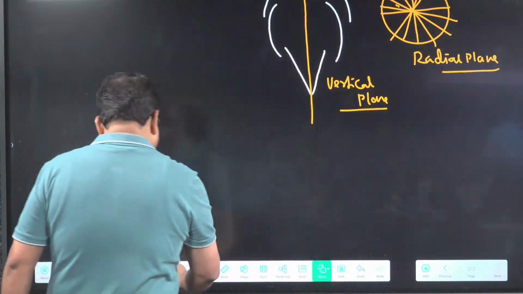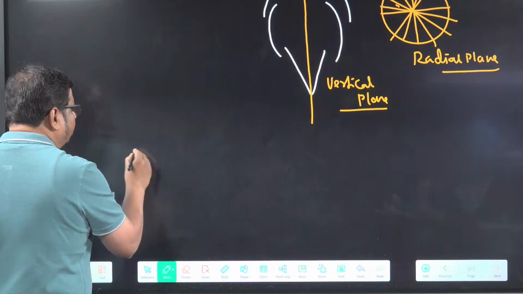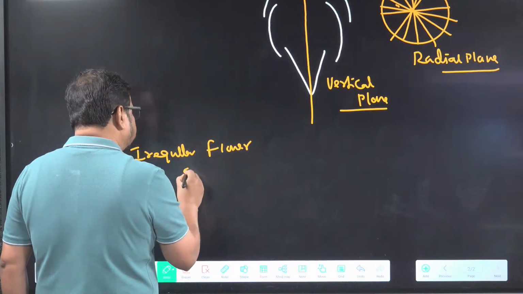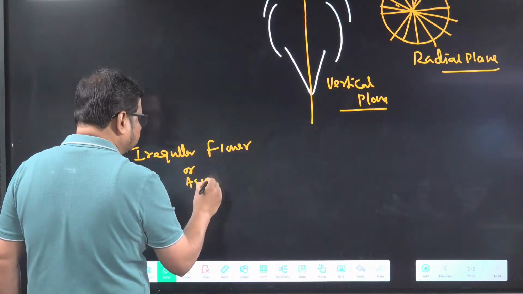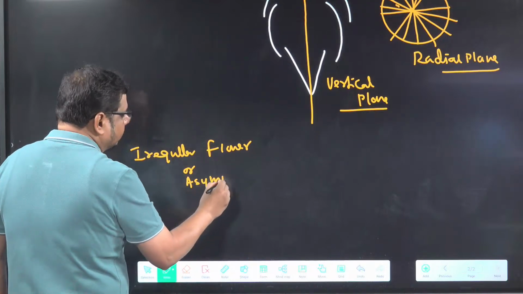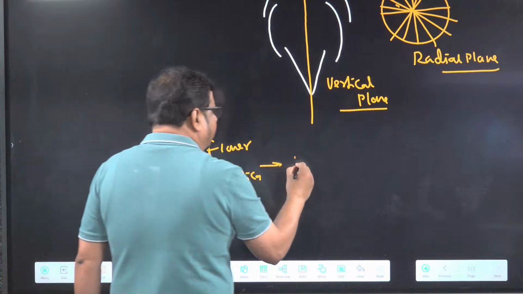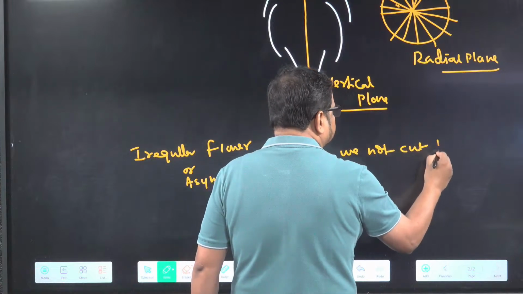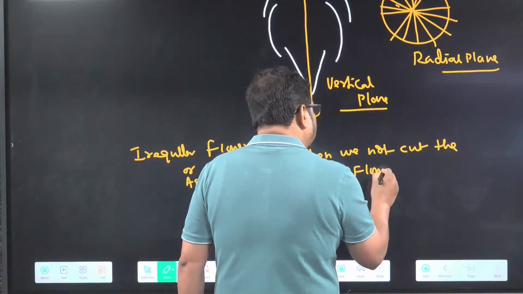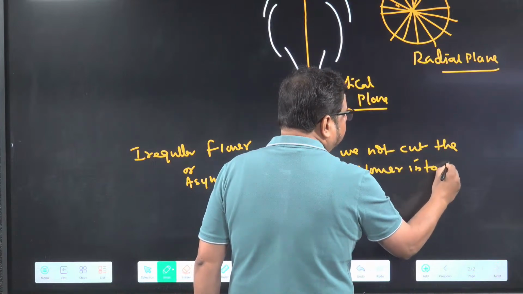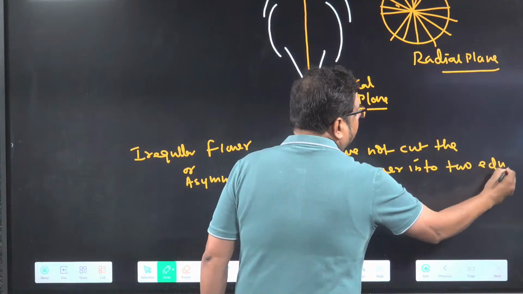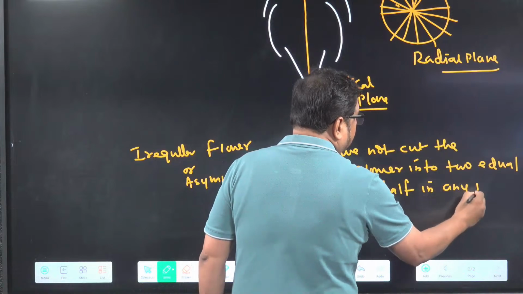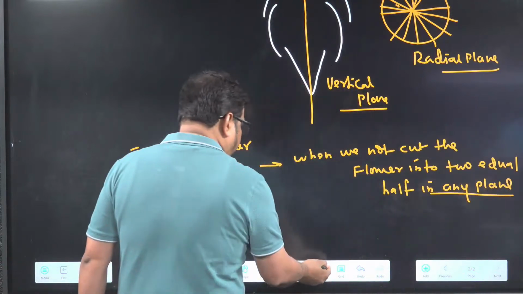Now I am going to tell you about which one? Asymmetrical flower, or irregular flower. When we cannot cut the flower into two equal halves in any plane, it is called which one?